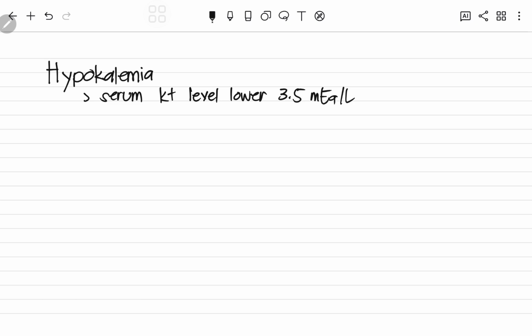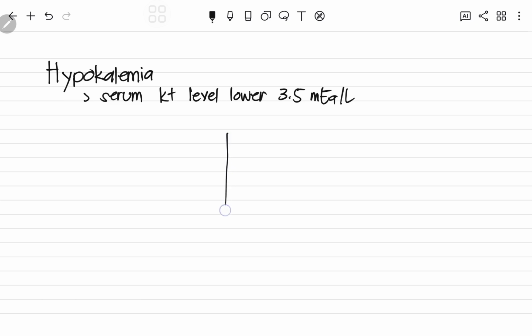Okay, you know what? When we say milliequivalent, hypokalemia, potassium or serum potassium level, this is one of the most commonly mistaken concepts of student nurses and those who are about to take the PNLE. So I'll be explaining this very shortly to you guys.